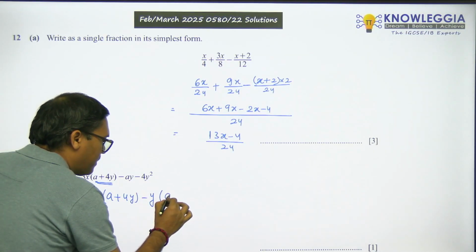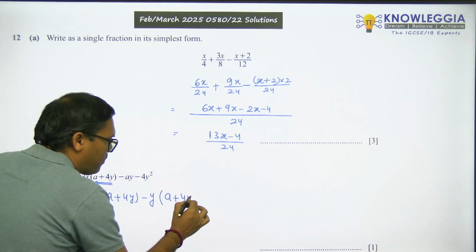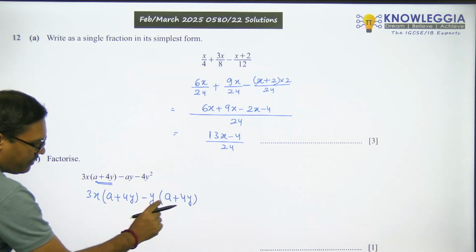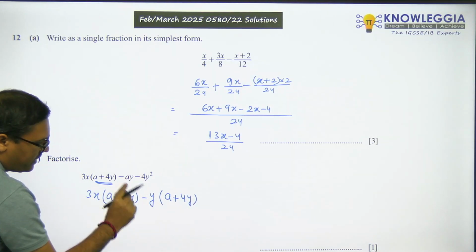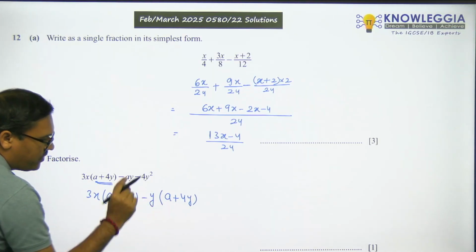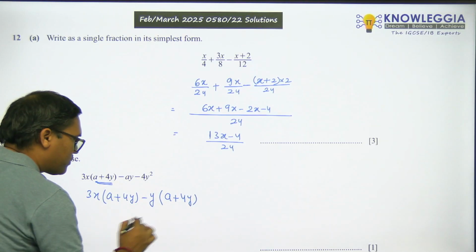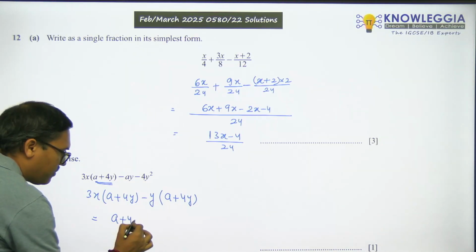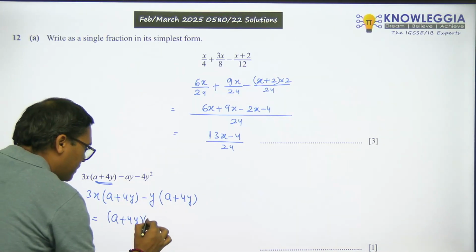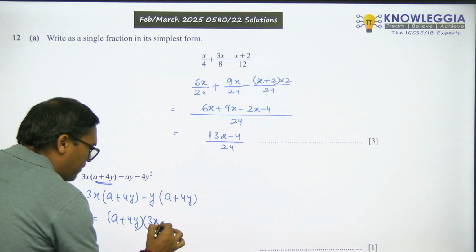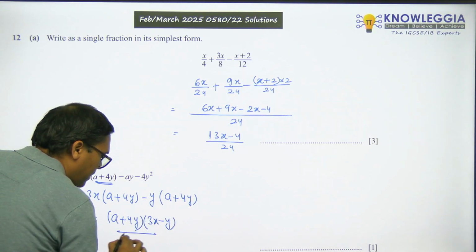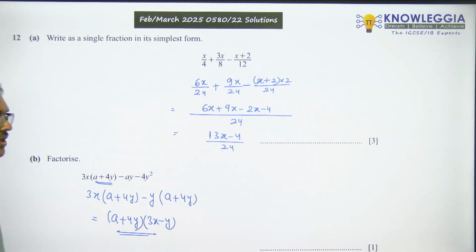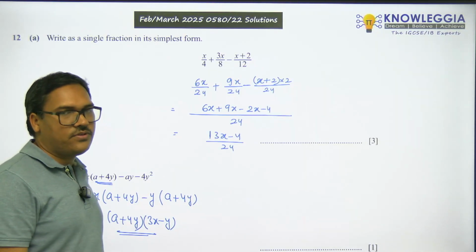So this will become a and this will become 4y, because negative multiplied with positive will give you negative. So you can see now what is common from these two brackets. You can see this is a plus 4y is common. So what is left? 3x here and minus y here. So what are the factors? A plus 4y into 3x minus y is the answer for this question.